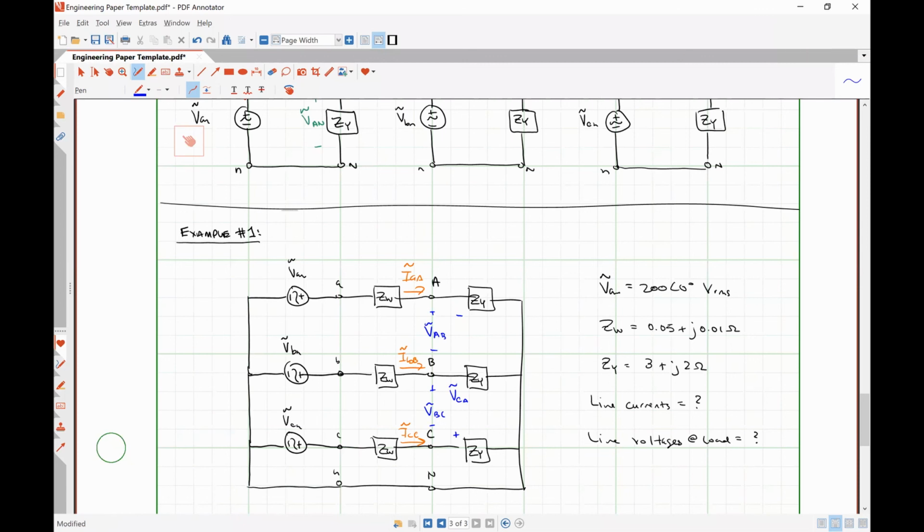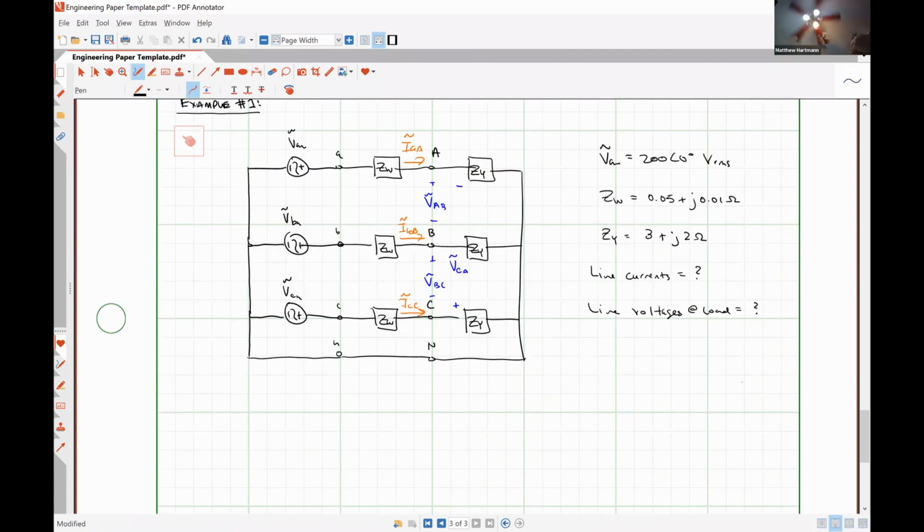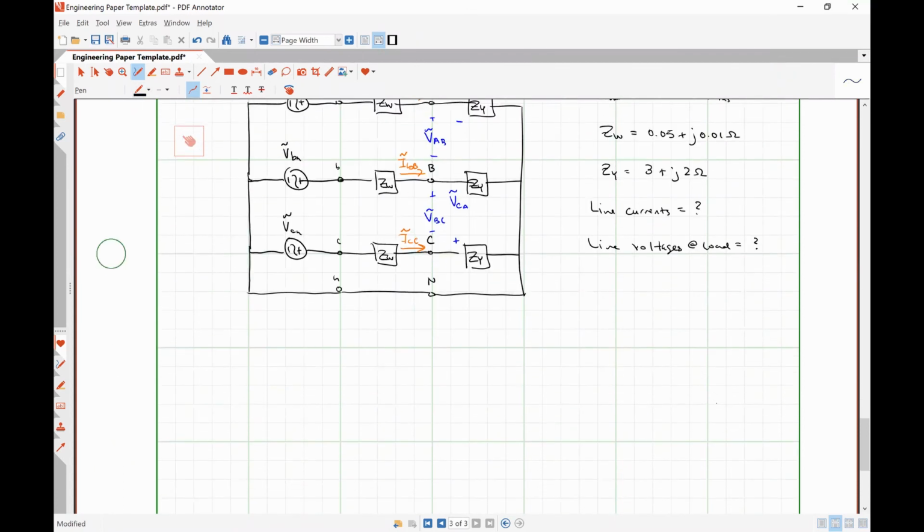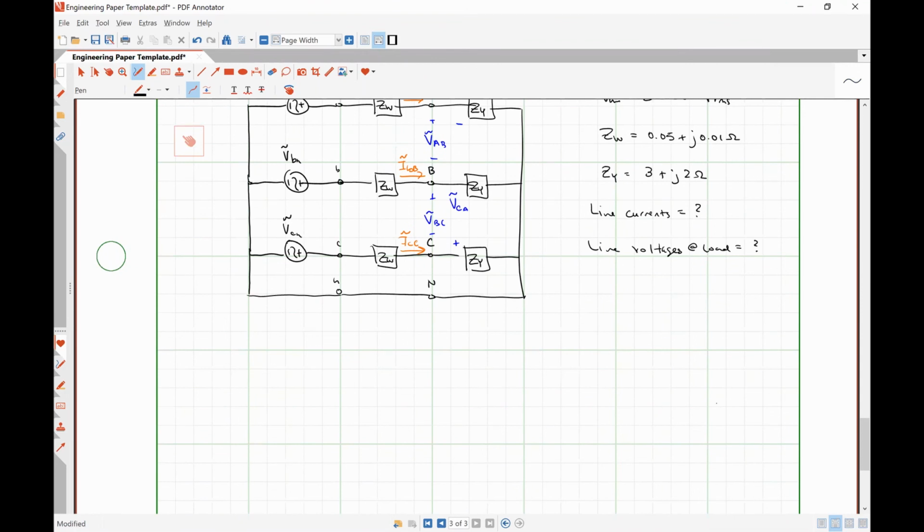All right, so let's employ our single phase equivalent circuit method and get some information here. So we know that this is 200 angle 0 degrees.